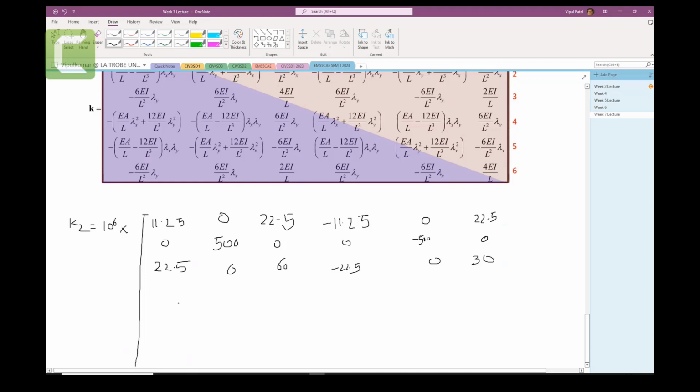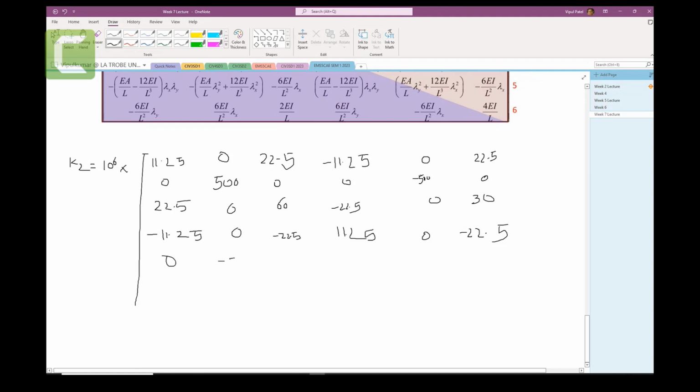We have 30, minus 11.25, 0, minus 22.5, 0, 0, 0. 11.25, 0, minus 22.5, 0, minus 500, 0, 0, 500 and 0. 22.5, 0, 30, minus 22.5, 0, 60.